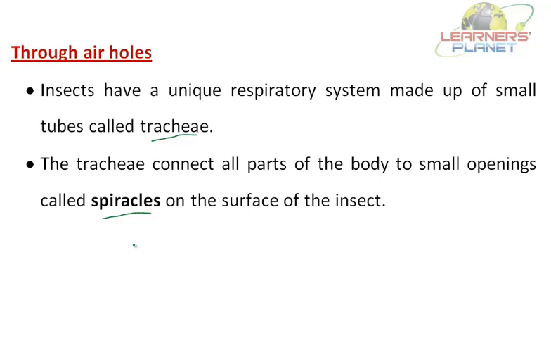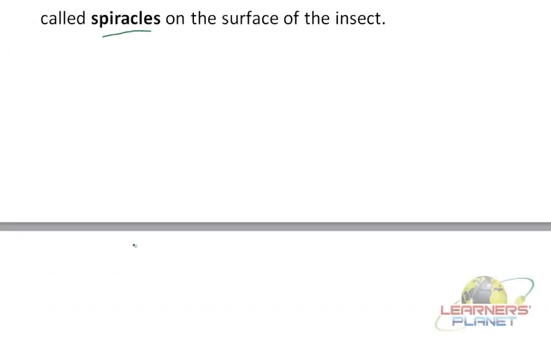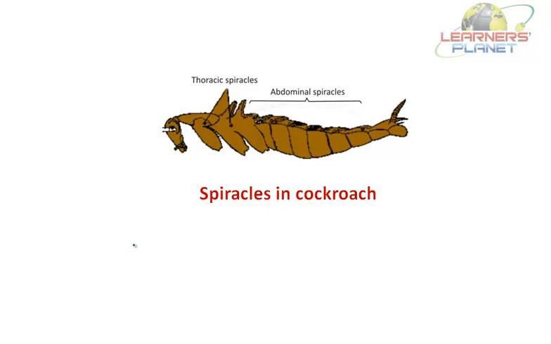So basically there is one insect called cockroach. Here you can see a cockroach has small openings on the sides of its body. Even other insects have similar openings. So these openings are called spiracles.